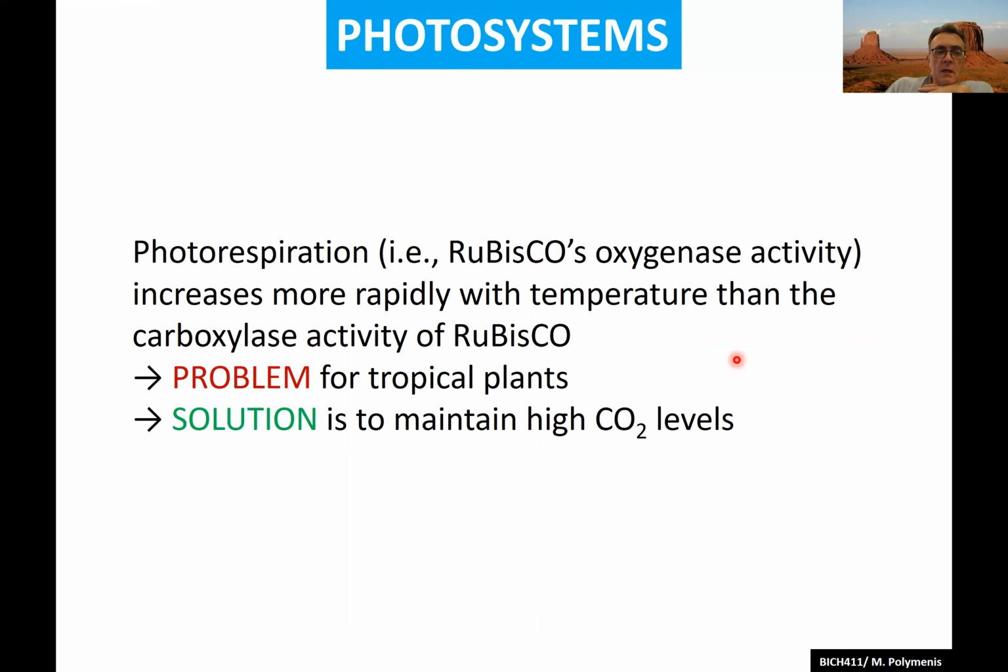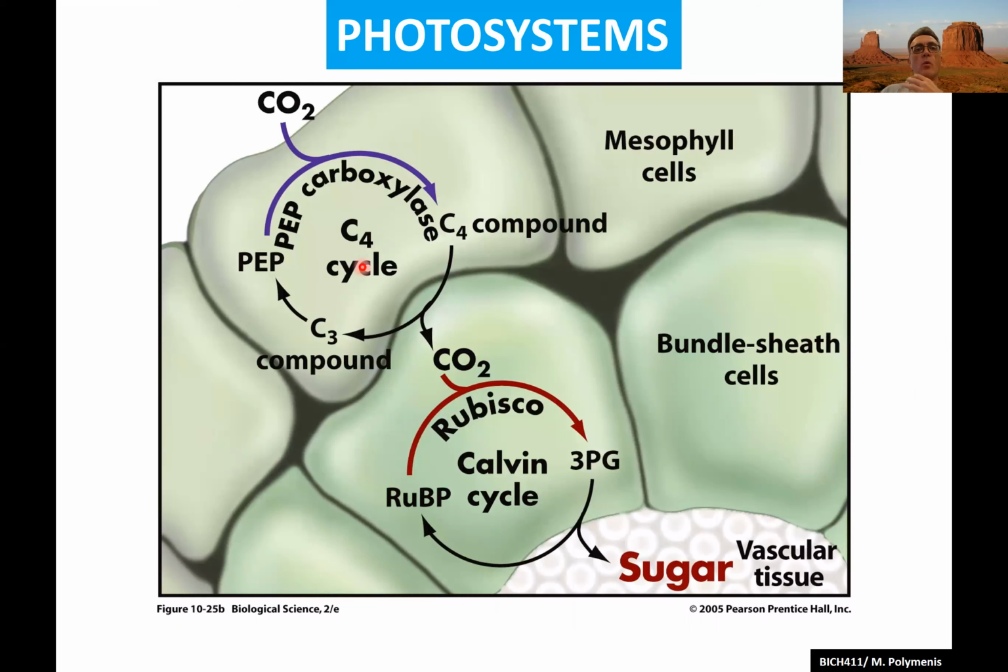Well, they do something very similar to what the carboxysome does for cyanobacteria. The concept is actually the same. They compartmentalize where Rubisco is, and they put as much CO2 as possible right where Rubisco is.